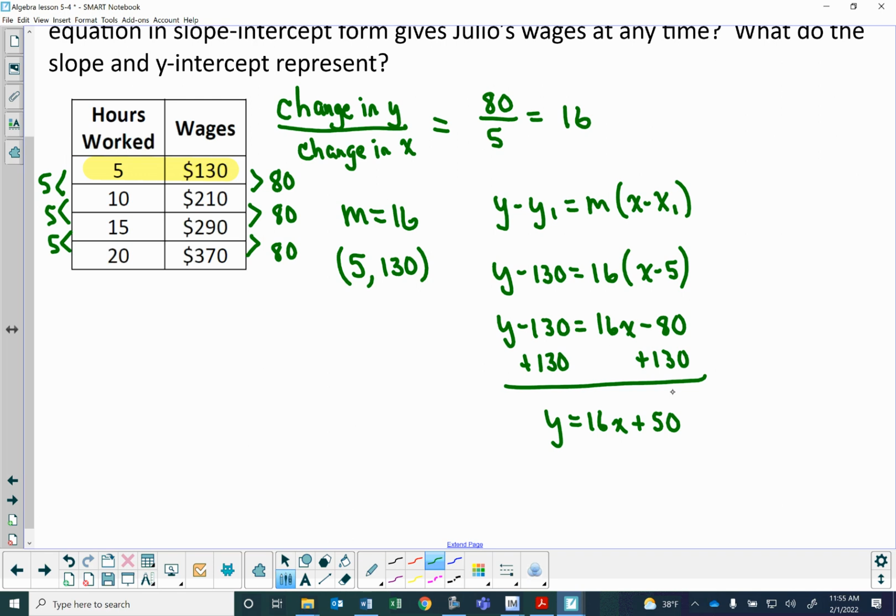And now I need to explain what my slope and my y-intercept represent. Right? In this particular case, if my slope is multiplied by x and my x is my hours worked, that means my slope is his hourly pay. So my slope here represents his hourly pay rate.